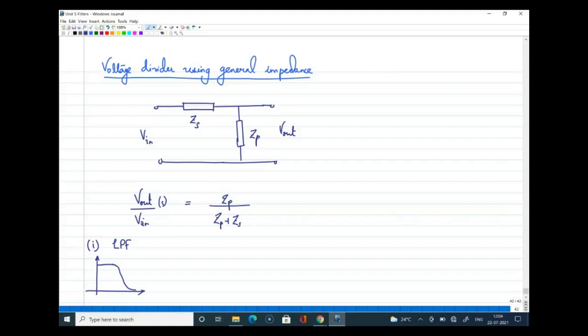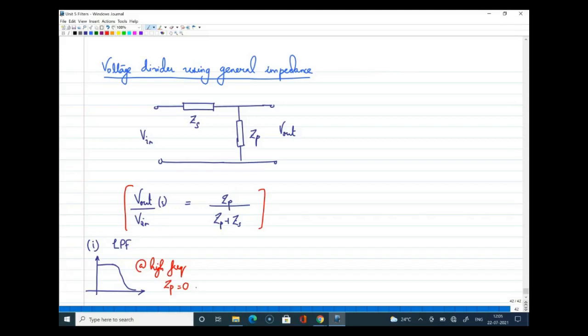So the system transfer function is Zp by Zp plus Zs. And now for a low pass filter, what you want is at high frequency your transfer function should be 0, right? That means if your Zp equals 0 at high frequency, that is fine, because then your transfer function will be equal to 0.